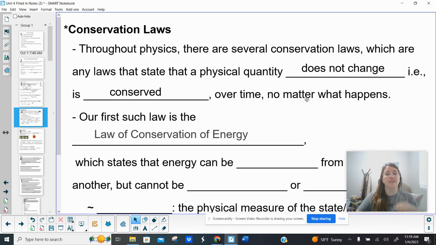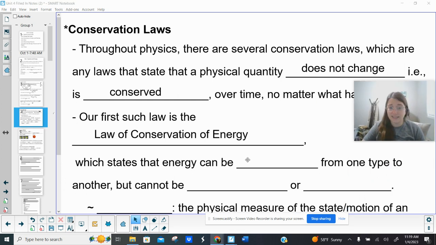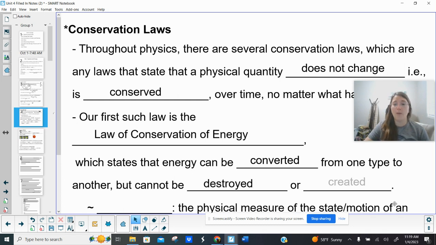The very first law is the law of conservation of energy. Now, what this states is that energy can be converted from one type to another, but cannot be destroyed or created. Again, energy is what gives things the capability for motion or heat, right? Heat is a type of energy. I'm kind of getting ahead of myself here. But energy is really what you think it is.